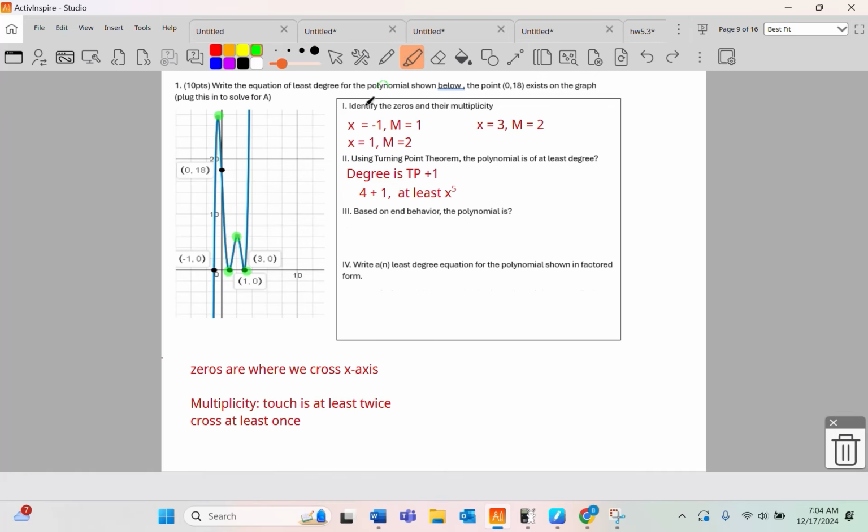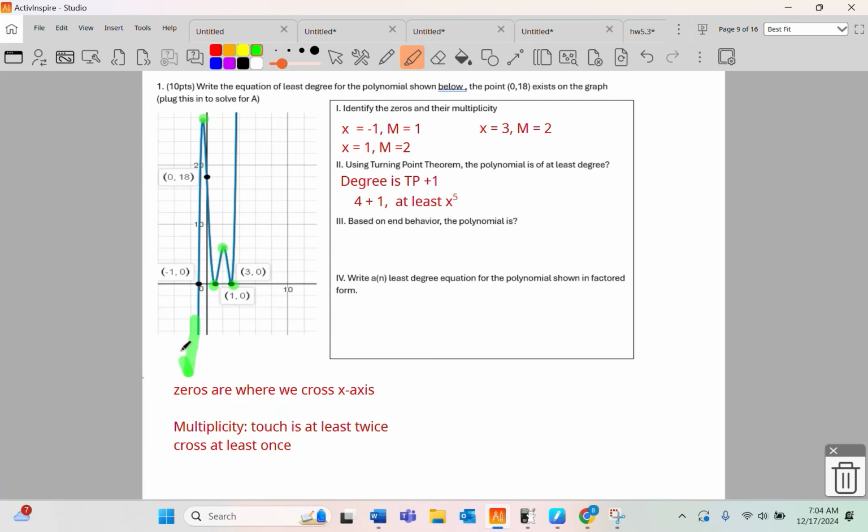Based on end behavior, what is this guy? Well, this guy starts low and it ends high. Think about all the various things you've had. I would say 90% of you at least get this right on a test. This is an x to the even.